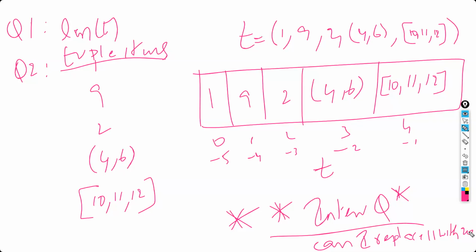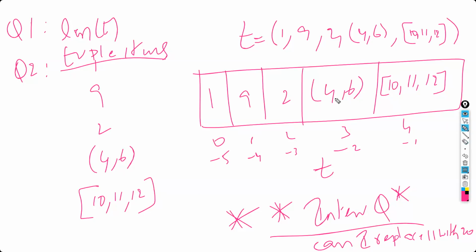Sir, you told that tuple items are not replaceable. Is 11 a tuple item or list item? A tuple item is not replaceable. List of 10, 11, 12 is considered a tuple item. If you want to replace this entire value with another value, it is not possible. But internally, this is possible.